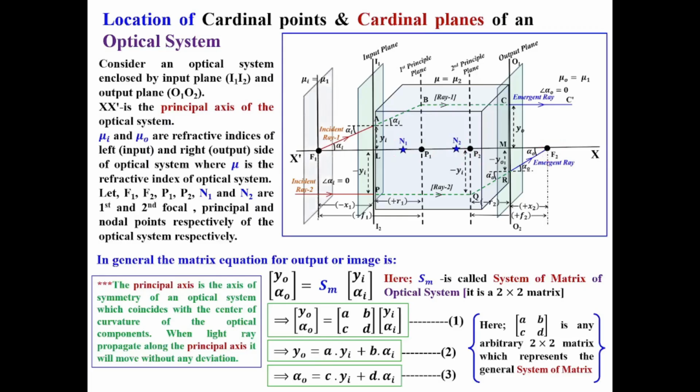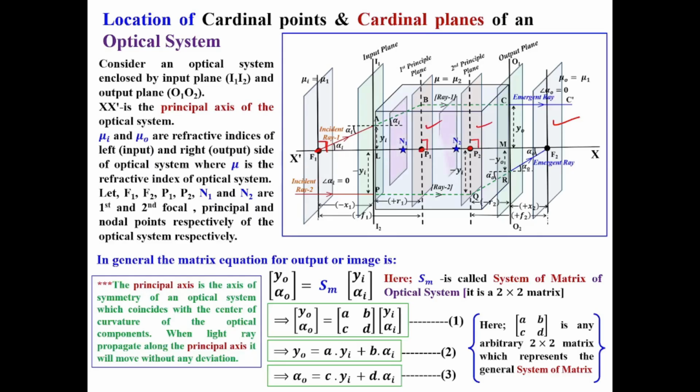If I consider the first focal plane, it passes through the first focal point and is perpendicular to the principal axis. Likewise, this is the second focal plane, which passes through the second focal point. Likewise, the first and second principal planes pass through the first and second principal points and are perpendicular to the principal axis.